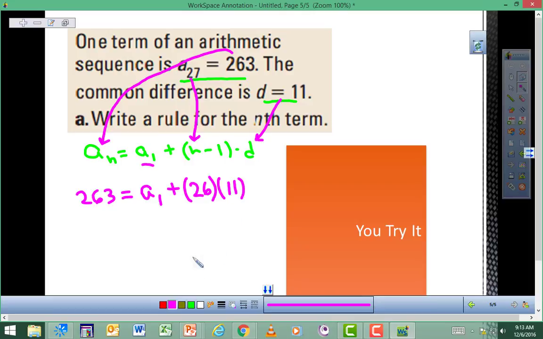Alright, so 26 times 11. This number is 286. And so we just use our baby algebra skills to solve for a sub 1 by subtracting.